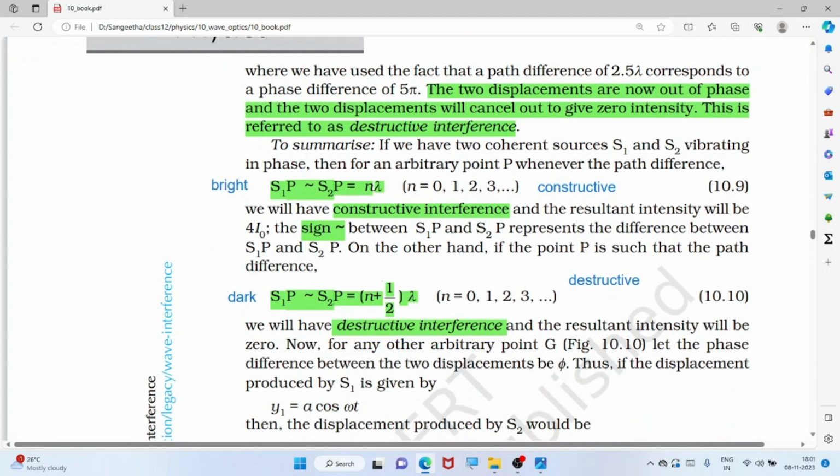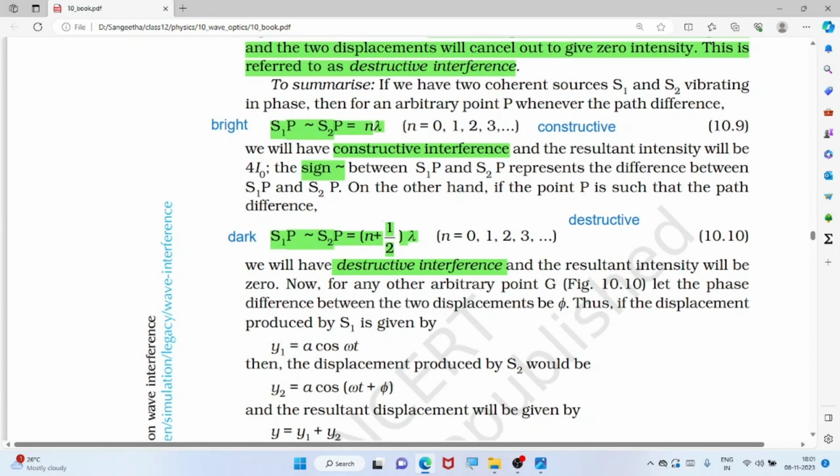So here when two light sources interact, when at the crest both are in phase, and these are coherent waves, they form constructive interference. These are the bright spots, and these dark ones are not in phase and differ by 180 degrees. Then they form destructive interference. Okay, n plus half lambda: 1 lambda is 360, half lambda is 180 degrees, so they differ by 180 degrees. This is destructive interference, and this is constructive interference.